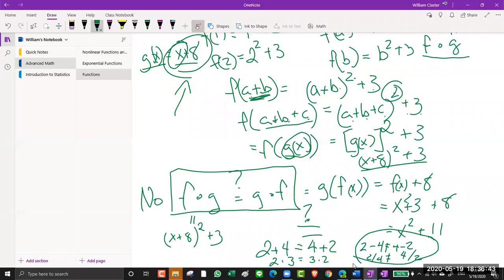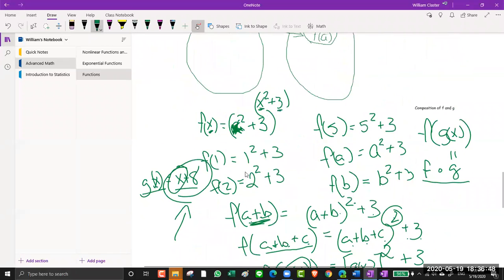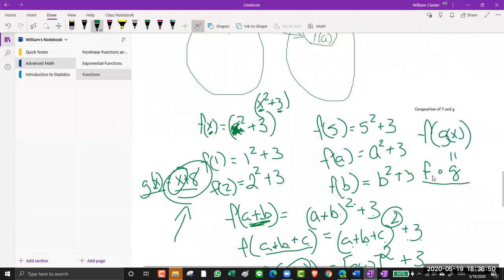Yes. Okay. And what is this called when we do this thing here? Composition of functions, or composition of f and g, or you can say f composition g.